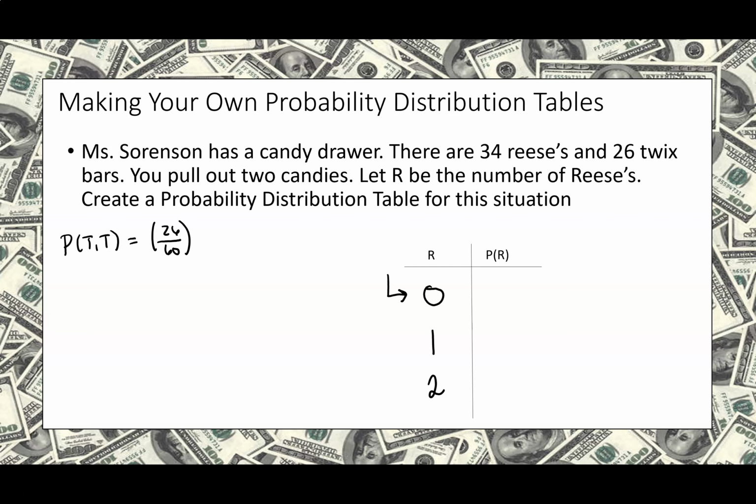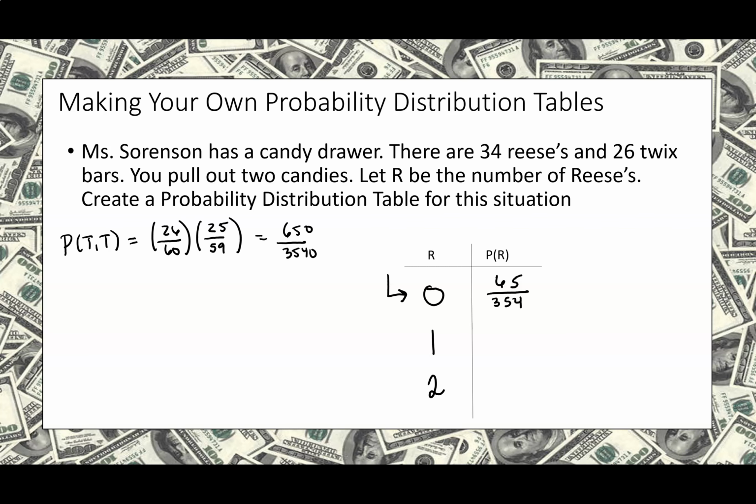But then you pull out a Twix and you're left with 25 out of 59. And that reduces to 650 over 3540. We can drop the zeros and also divide by 2, I believe. Oh, no, we can't divide by 2. Just drop the zeros. 65 over 354.